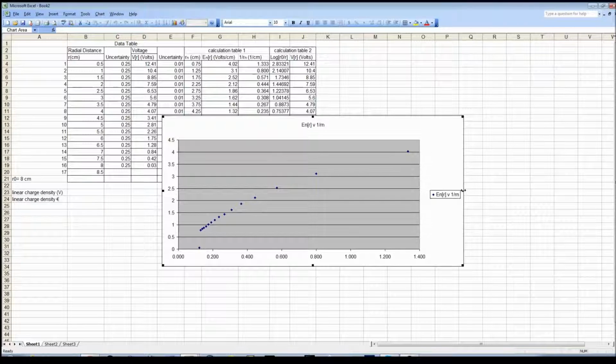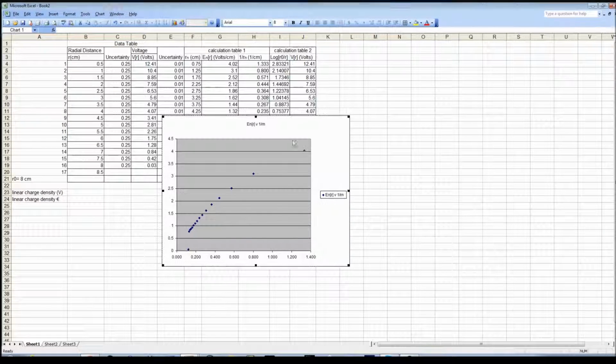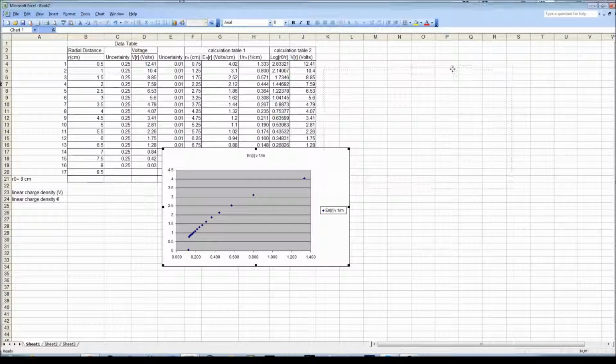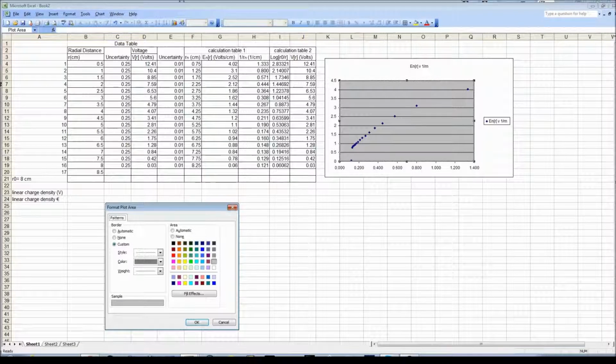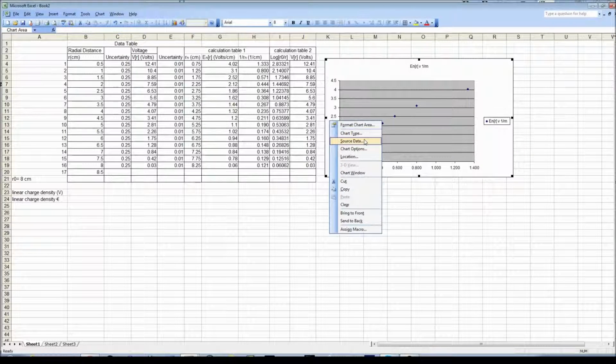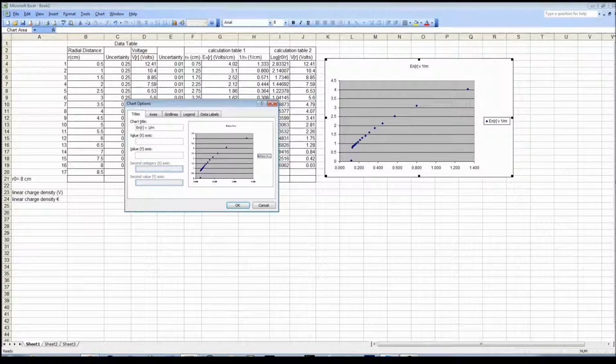And here's our chart. Let's resize it a little smaller. Oh, and let's label our axes. Here we go. The value of our x-axis is 1 over Rn.